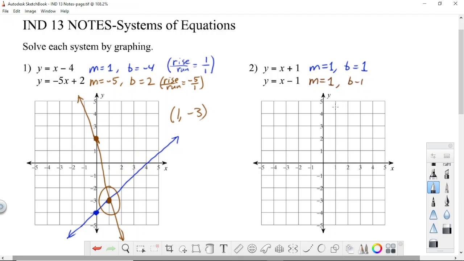Okay, so let's graph that first one. Y-intercept of 1, slope of 1 as well. Right, there's the slope, so rise over run is 1, so we go up 1 over 1. We've got a couple points, we can graph it.